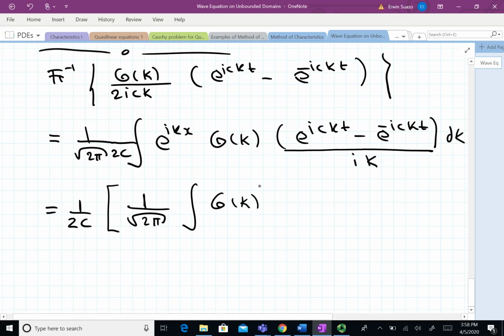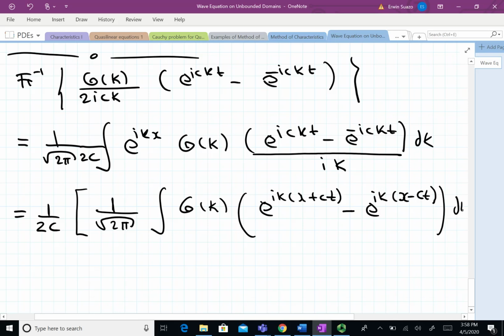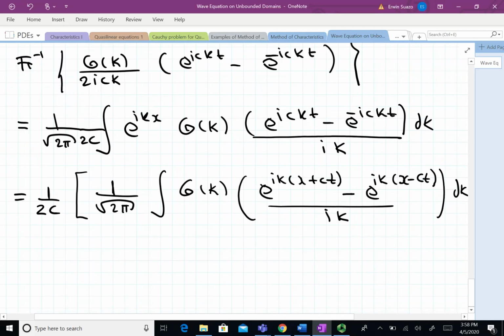G(k), I multiply this guy, so I got e to the ik(x plus ct) minus e to the ik(x minus ct) dk over ik, right? So I just multiply ikx times these guys, and then factor ik, okay?